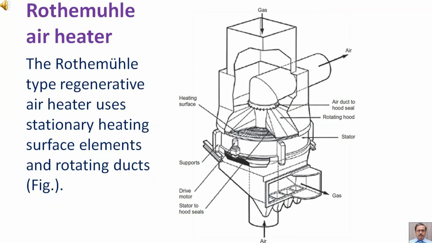The Rothemuhle type regenerative air heater uses stationary heating surface elements and rotating ducts.